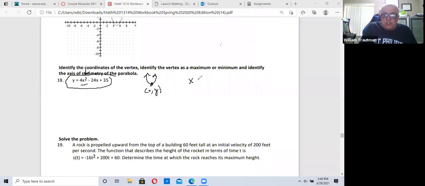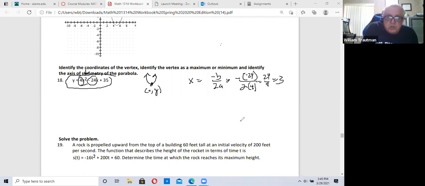The vertex has an x and a y coordinate. Remember, the x coordinate of the vertex is negative b over 2 times a. Negative b, b is a negative 24, over 2 times a, and a is 4 in this case. So negative changes to a positive 24 over 8. 2 times 4 is 8. 24 divided by 8 is 3. So the x coordinate of the vertex is 3.